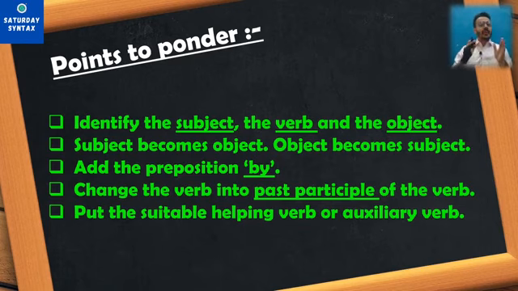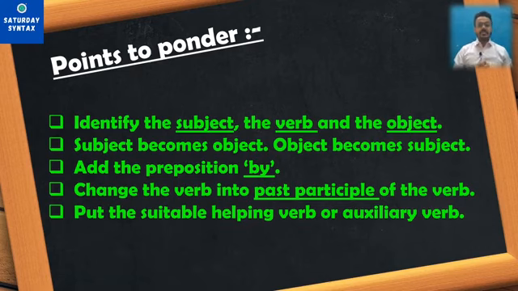Okay, now this is something very important, which is points to ponder. Here we have been given 5 important points. First, we'll go through all the points, and in the next slide, I will clarify them by giving an illustration, right? Point number 1: identify the subject, the verb and the object.